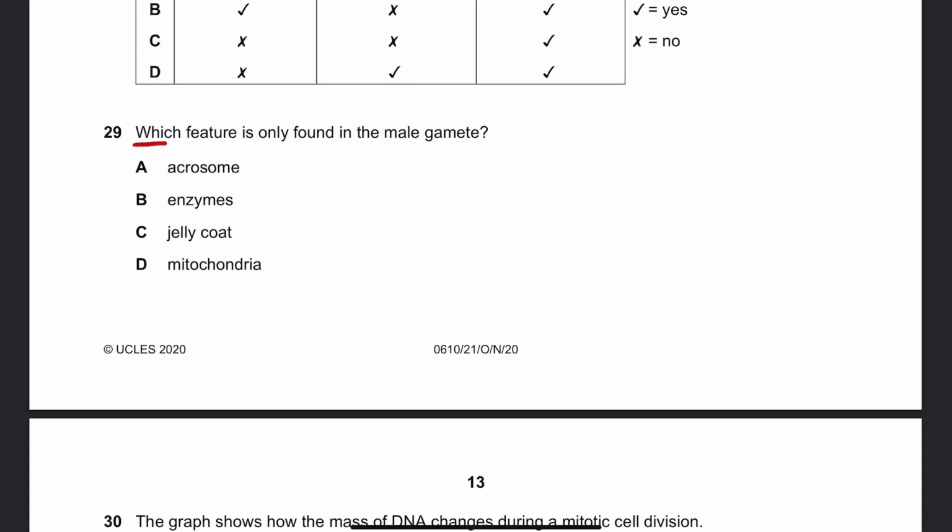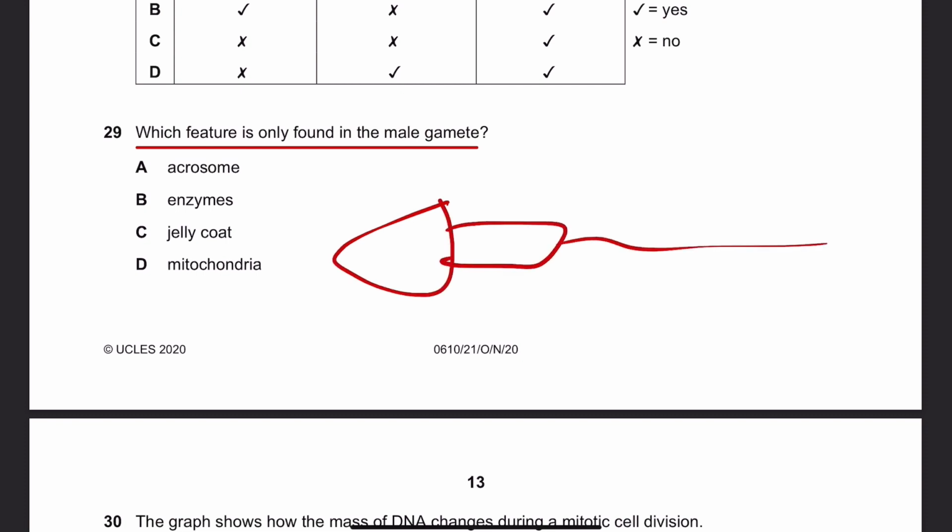Number 29. Which feature is only found in the male gamete? Male gamete means a sperm. In plants they're pollen, but for animals the male gamete is a sperm.